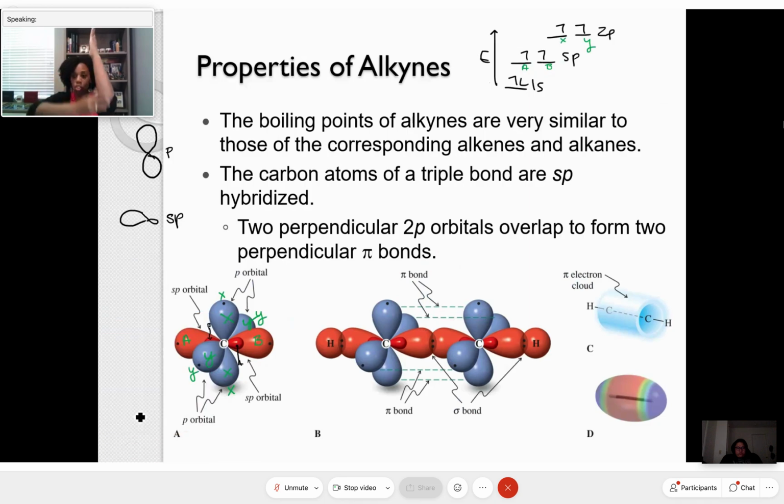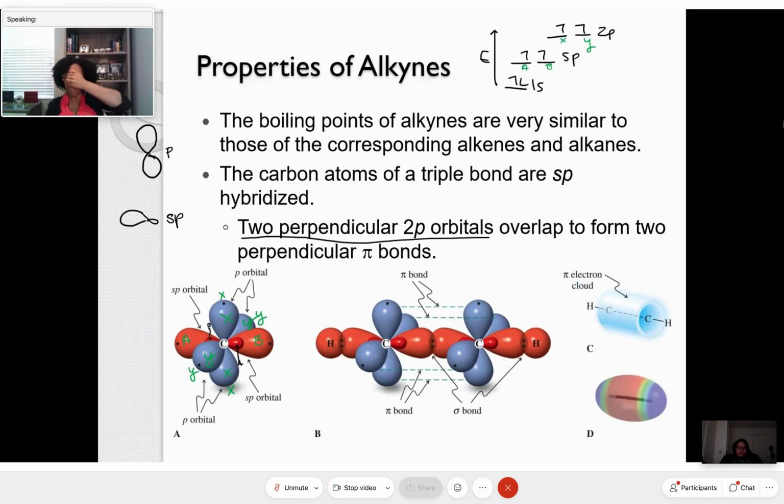X is going to be here, straight up and down, and Y is pointed towards you, away from you and towards you. So these two orbitals are perpendicular to each other. We have two perpendicular 2p orbitals.